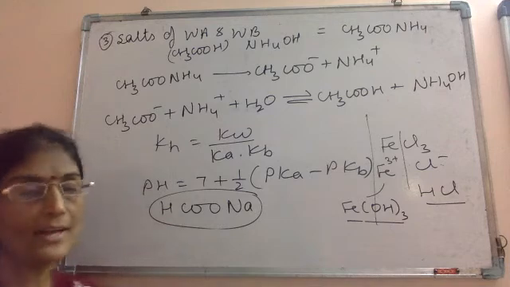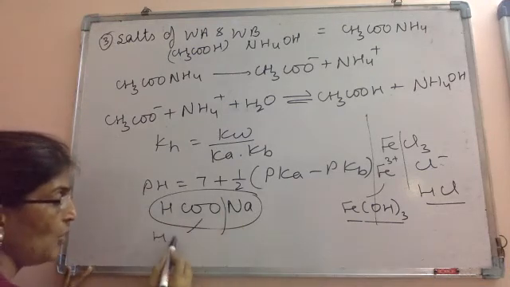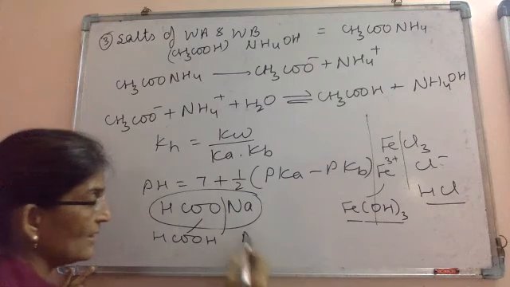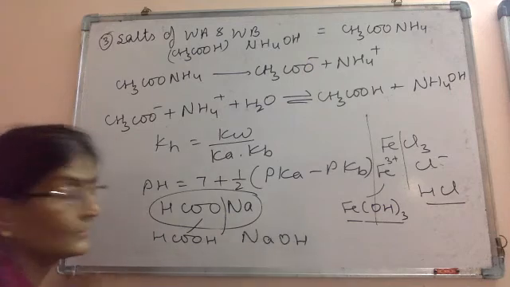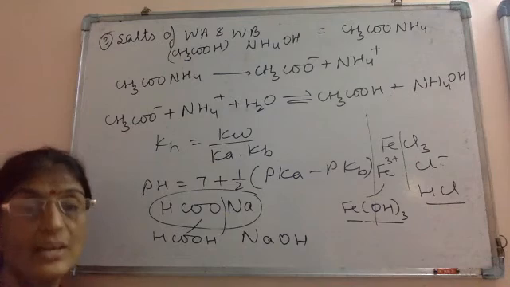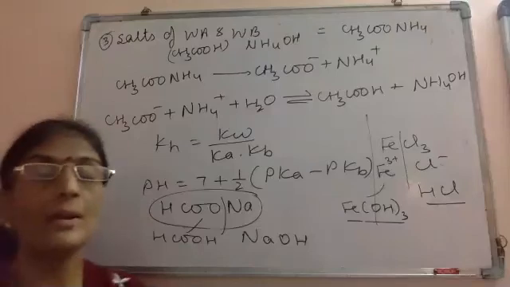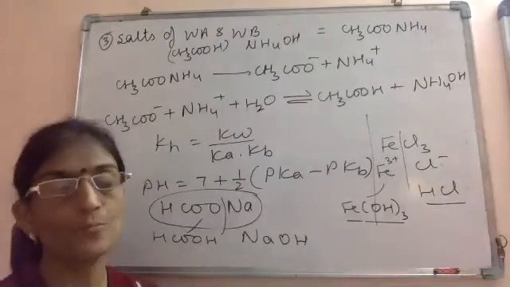How can we identify? Find out by which acid and base it is formed. This is formed from formic acid and NaOH. Acid is weak, base is strong. If acid is weak and base is strong, then obviously the solution will be basic. For a basic solution, the pH will be more than 7.